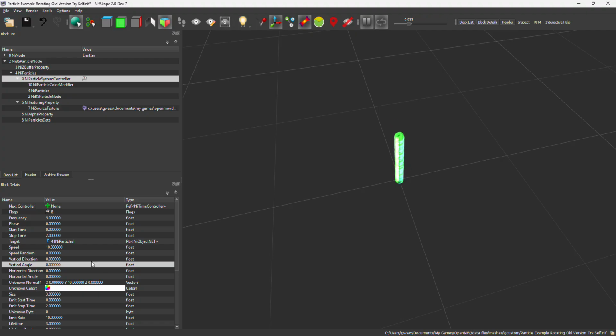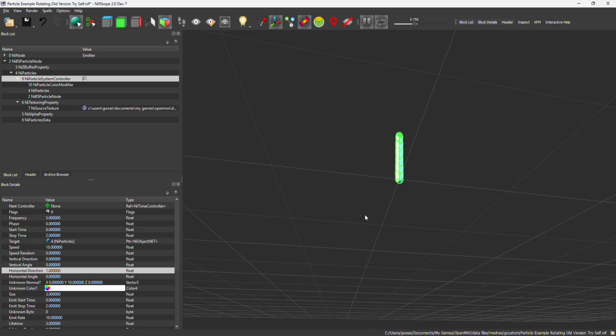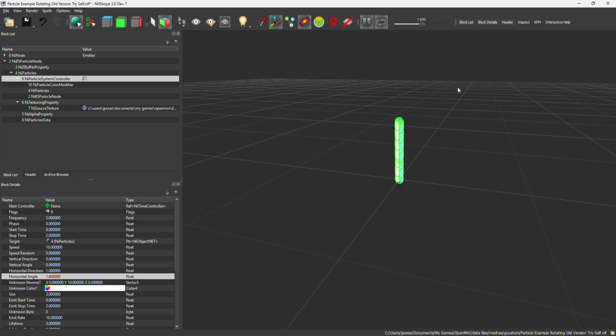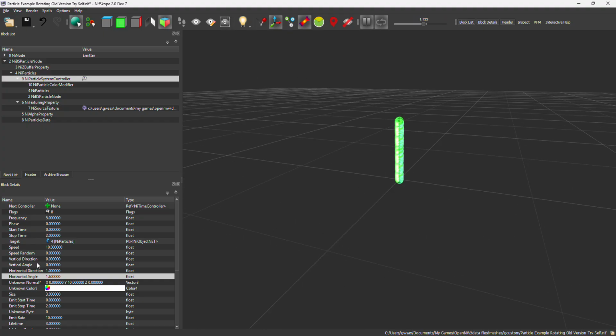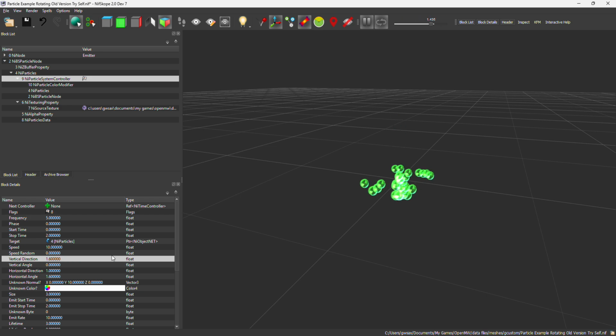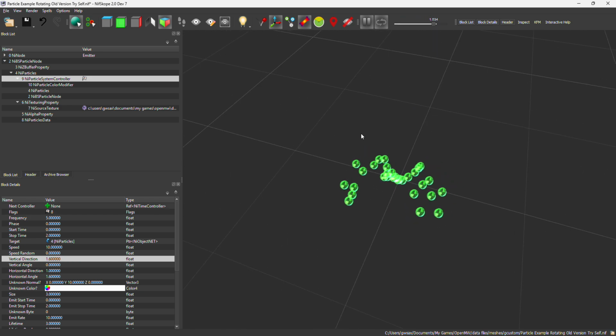So if we have 0 and we change the horizontal direction to 1, it really doesn't do anything. We change the horizontal angle to 1.6, which should be 90 degrees, and it doesn't do anything. But now if we change the vertical direction to 1.6, so we lay it flat, we'll see that 90-degree angle on both sides of the emitter.